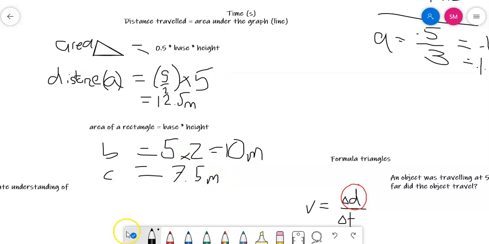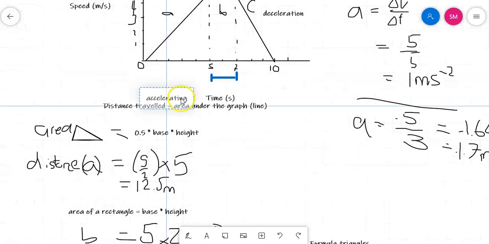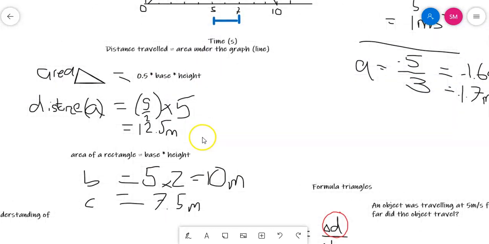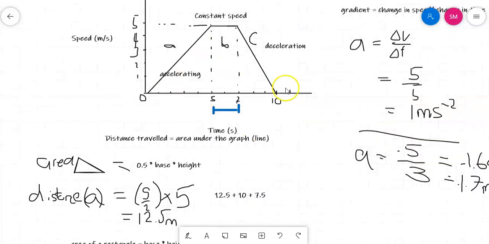And if we wanted to calculate the total distance traveled by this object, we would just add all of these values up. So we would go 12.5 plus 10 plus 7.5. 12.5 plus 7.5 is 20, plus 10 is 30. So the total distance traveled by this object, the area under this graph, is 30 meters.